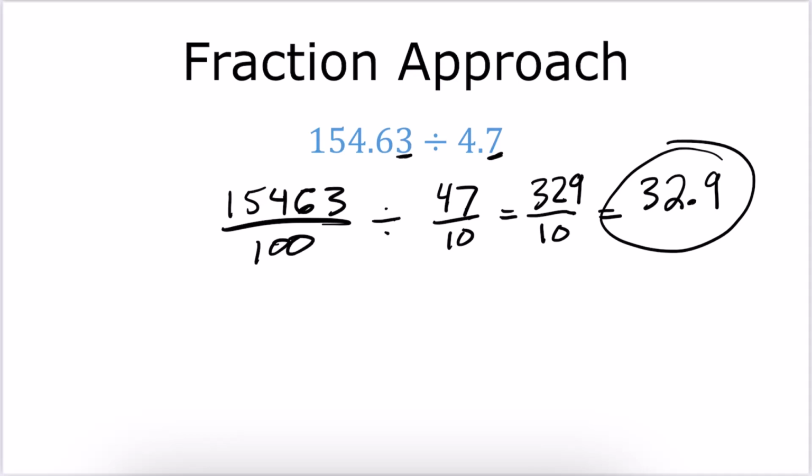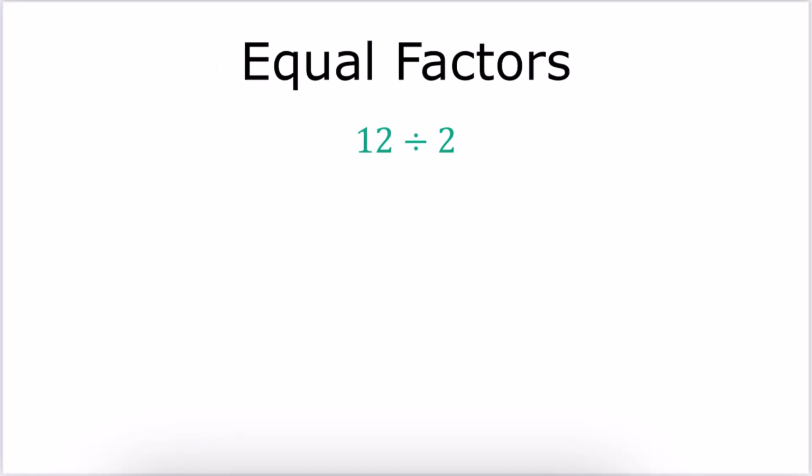And the next approach is based on the idea of the equal factors mental math strategy. So if we were to do 12 divided by 2, so not involving any decimals, just working with whole numbers, well, 12 divided by 2 equals 6. But if I were to multiply both parts of my division problem by the same number, I would still get the same answer regardless of what I multiplied by.